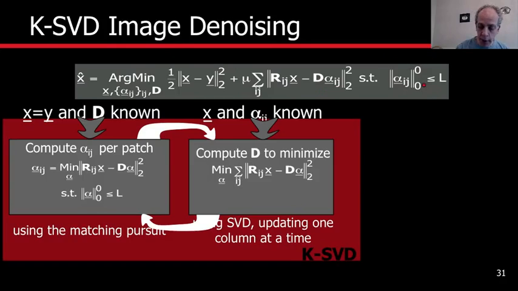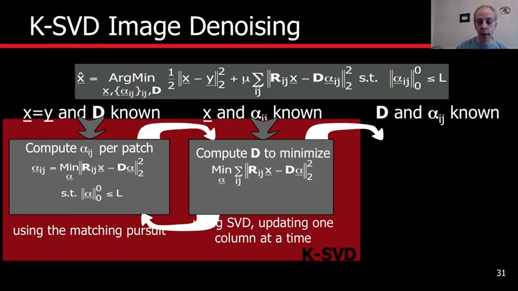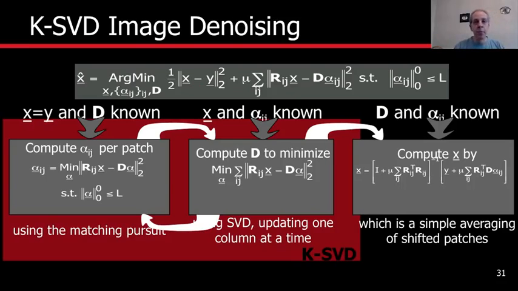Of course, this term is gone, X only shows up here and here, and it's very easy to show that the result is the weighted average of the patches. What happens is that every pixel is touched by multiple patches. Let me just draw that here. We have an image and we have a pixel. There are multiple patches that touch that pixel.